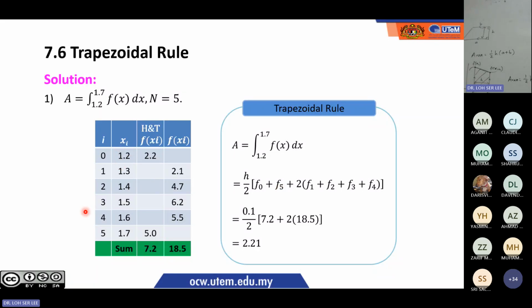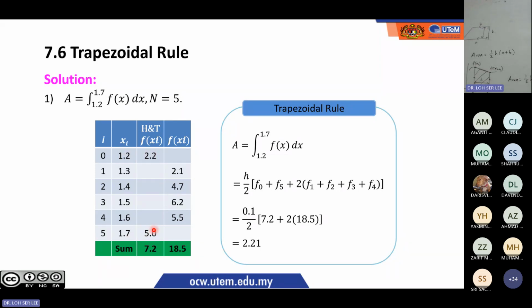Here you need a table. You display all the x and their corresponding f in this way. That means in this column, you just put the head and tail of the f value.